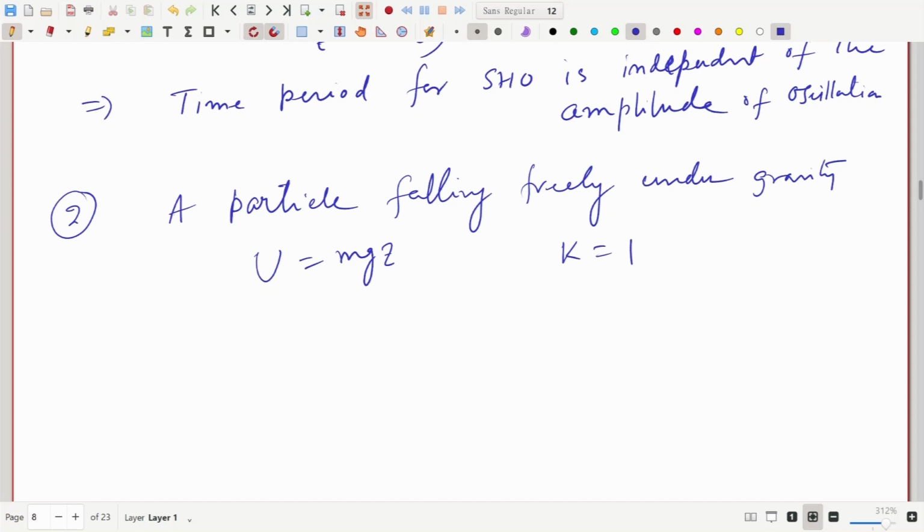So, with k equal to 1, t prime by t will be (L prime by L) to the power (2 minus k) by 2, which is (L prime by L) to the power half, the square root.